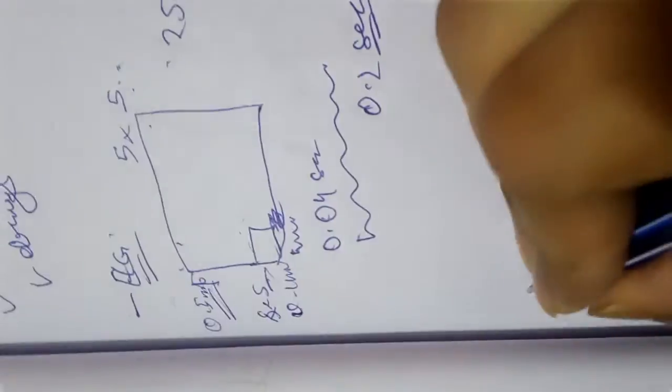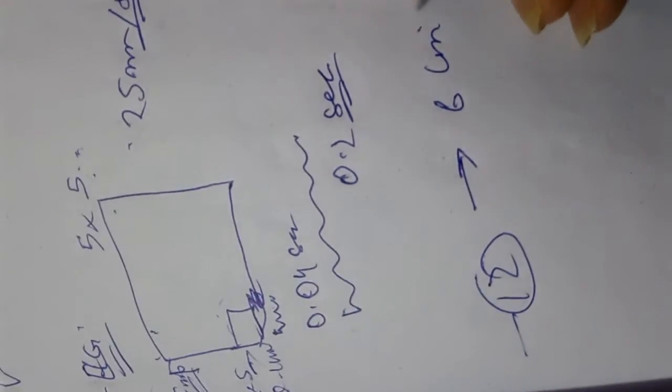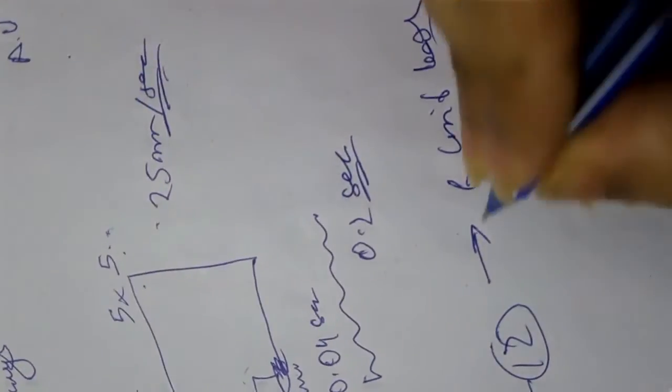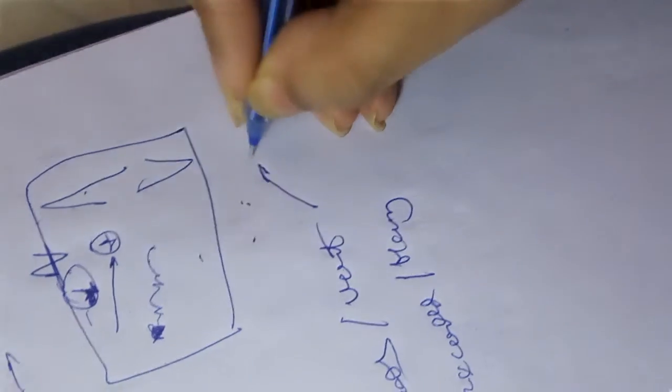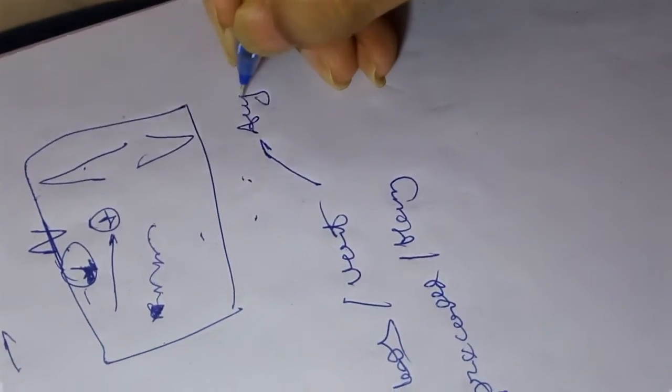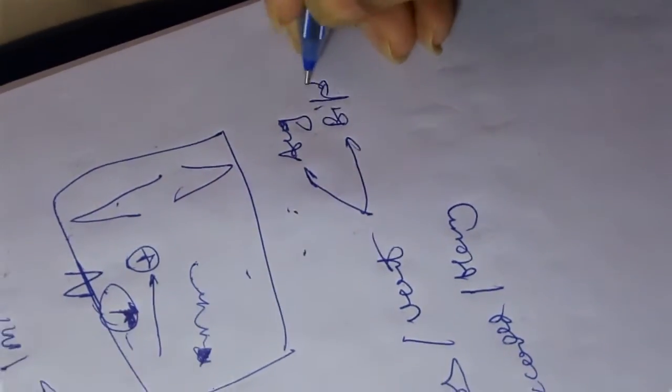Okay, finally coming to leads. There are 6 limb leads and 6 precordial leads, also called horizontal leads, and limb leads also called vertical leads. The limb leads are of two types: bipolar standard leads and augmented leads.